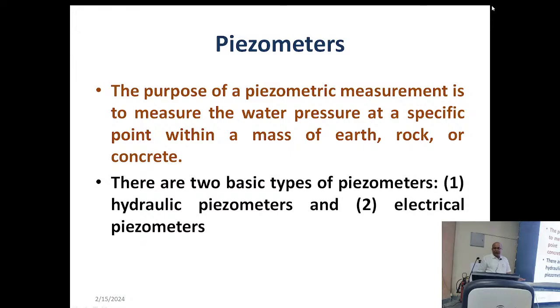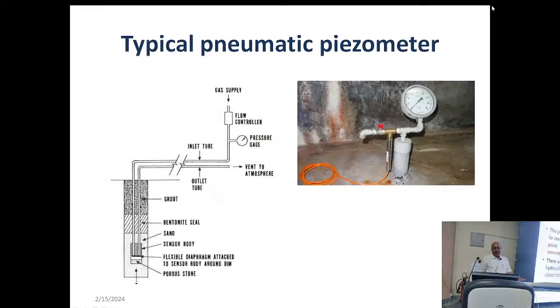All this is a physical measurement. Two types are available: one is open, another is the electric vibrating wire instrument. We are going down the foundation like this.